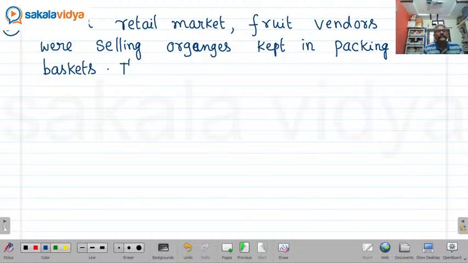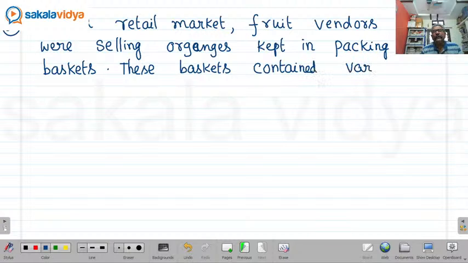These baskets contained a varying number of oranges.